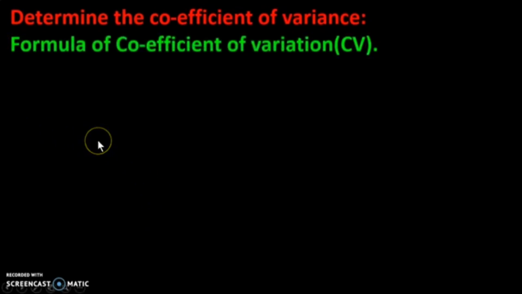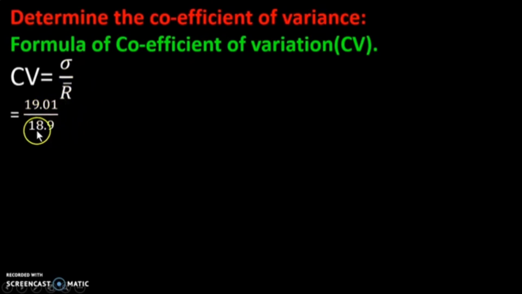The formula of coefficient of variation, or CV, is sigma, or standard deviation, divided by expected return. Standard deviation is 19.01 and expected return 18.9. Then CV will be 1.0058 or 100.58%.